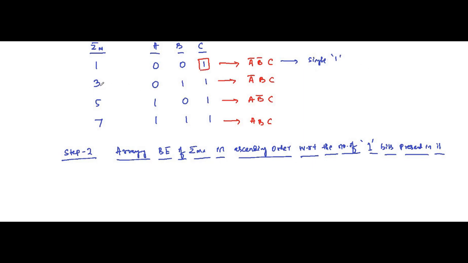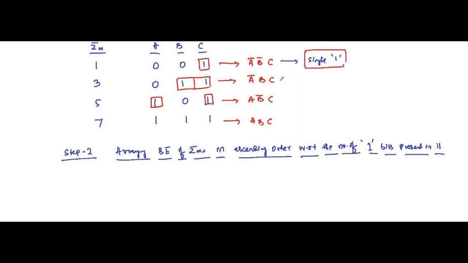Then in minterm 3 there are two 1 bits, double 1 bits, and so does minterm 5, two 1 bits. So this will go in one category, in one group.